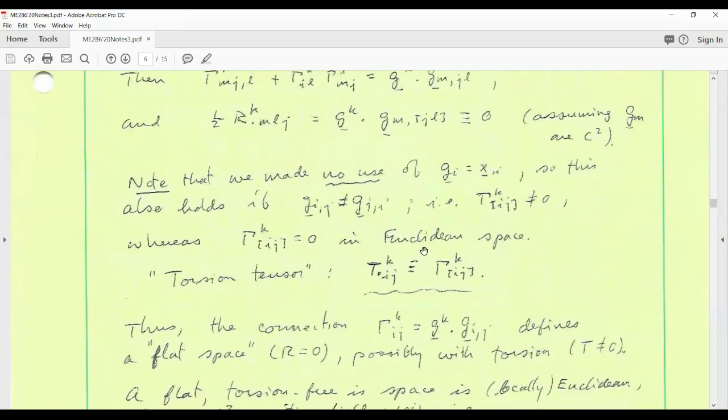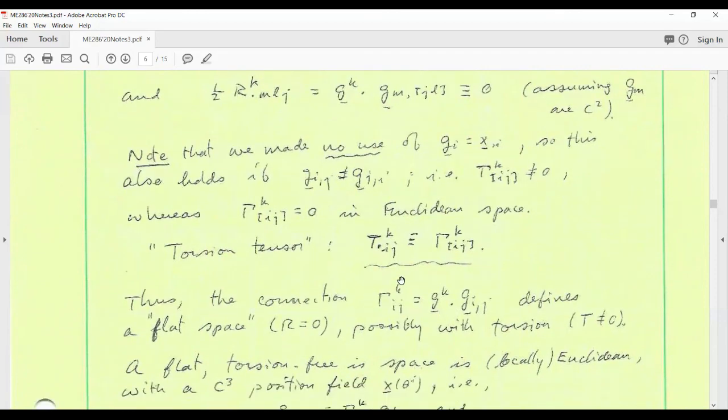Of course, it is 0 in Euclidean space, but we made this calculation without that limitation. In fact, this skew symmetric part of a connection, which you can have in a more general space, is also a tensor. It's a third order tensor, which is called the torsion tensor of the space.